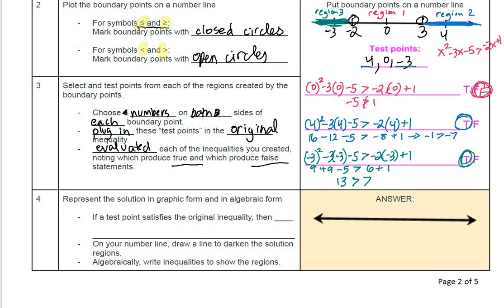So now we're going to represent the solution in graphic and algebraic form. I'll start with the boundary points. We had one at negative 2, which was an open circle, and one at 3, which was also an open circle. Now, if a test point satisfies our original inequality, then its region is part of our solution space.